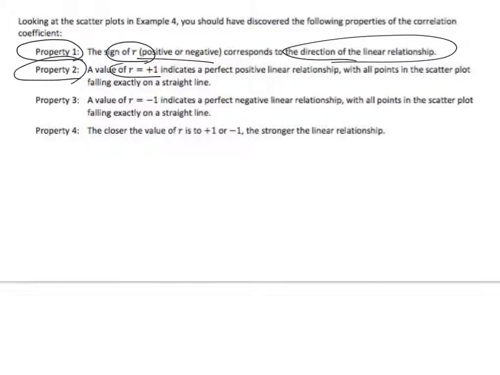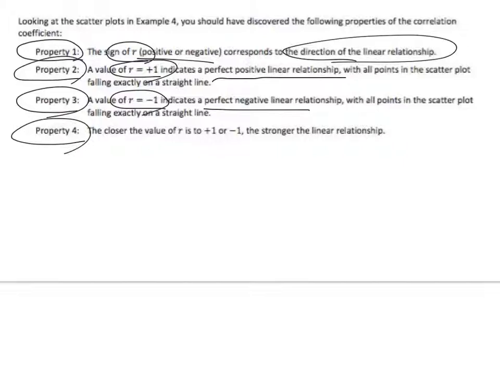Property 2, R equals +1, perfect positive relationship, all points in the scatter plot falling exactly on a straight line. Property 3, R equals -1 is a perfect negative linear relationship. And then property 4, the closer the value of R is to +1 or -1, the stronger the linear relationship.